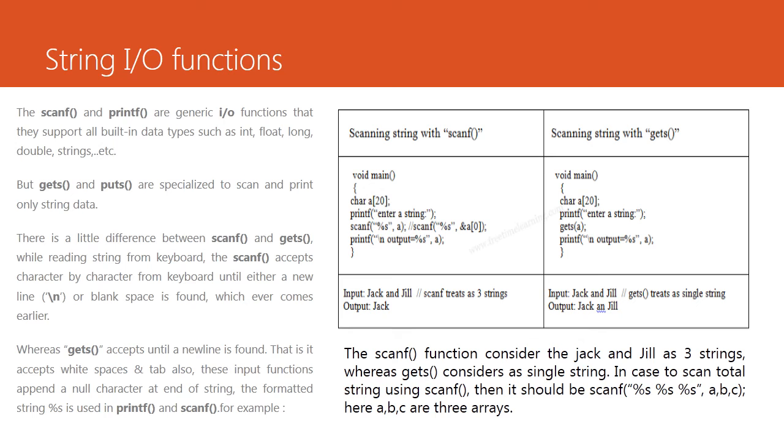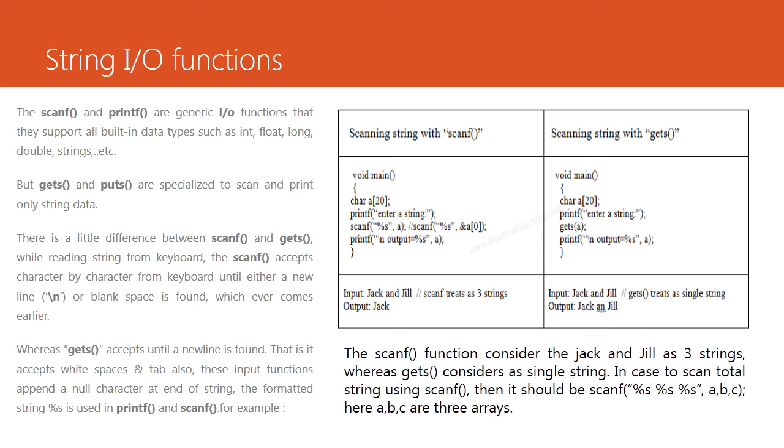Whenever we use scanf, it accepts character by character. But gets accepts a whole line, including blank spaces, until the new line occurs. Whenever the new line occurs, the total string will be accepted.